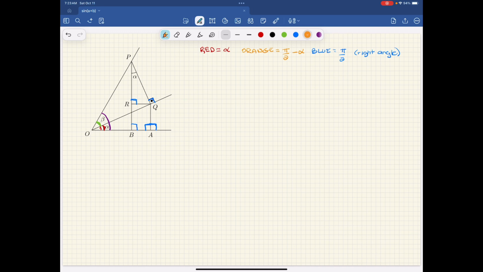So this here has to be pi over 2 minus alpha radians. By exactly that same argument, this angle here, PQR, has to be pi over 2 minus alpha radians.